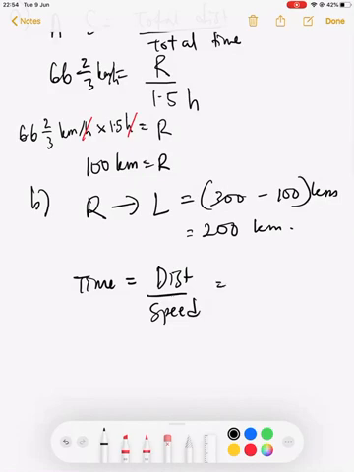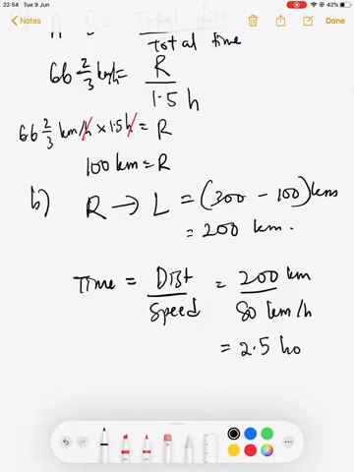So the distance from Rawang to Lumut is 200 kilometer, and the average speed is 80 km per hour. So 200 divided by 80 equals 2.5 hours.